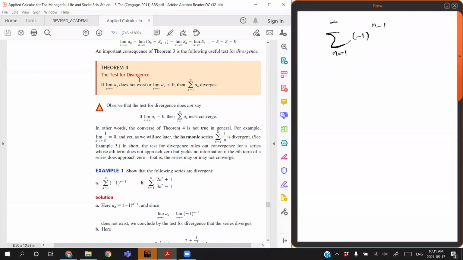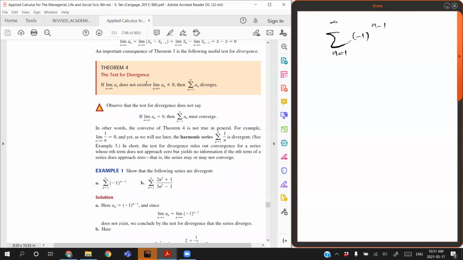If you want to know whether a series is divergent or convergent, the first thing that you always do would be the test for divergence. And the reason for that is this is the simplest test. And if this test works, then you don't have to do anything else. If the test does not work, then you have to resort to other tests, because this test could be inconclusive.